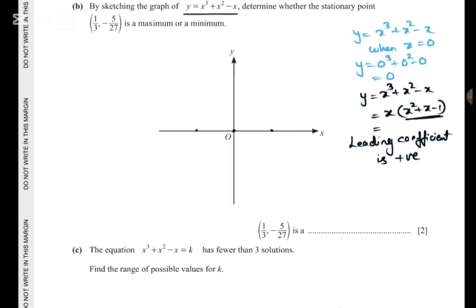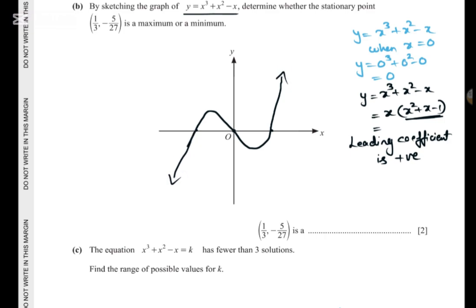So the graph will be extending from the third quadrant to the first quadrant. So let us draw it. Something like this. You need to draw it a little bit. Yeah. So this is the graph.